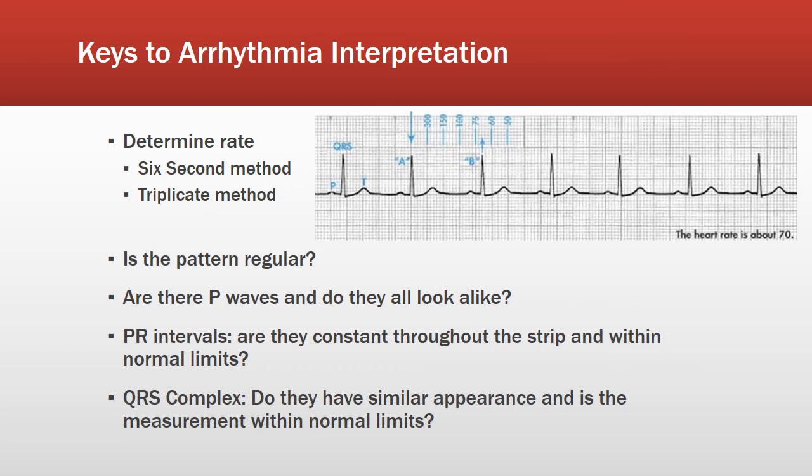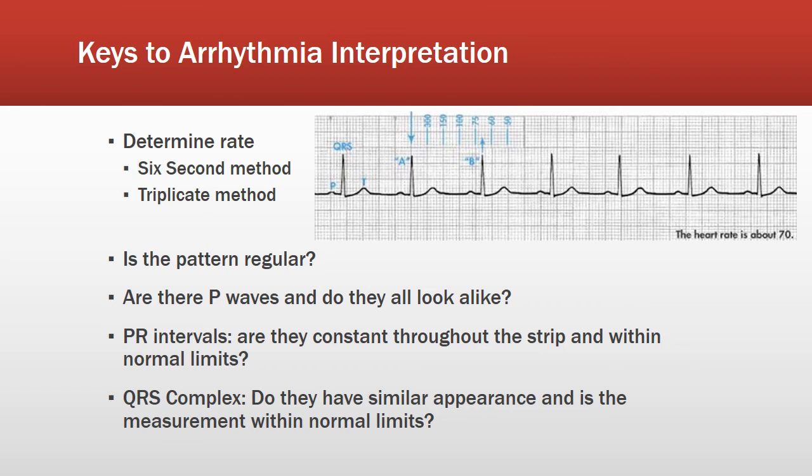There are a number of different ways to figure out if they are regular. You can use calipers and just put the tips on the R waves and march them out through the strip. You could use a piece of paper by putting slash marks on that paper where the R waves are and then marching them out through the strip, making sure that they are regular.